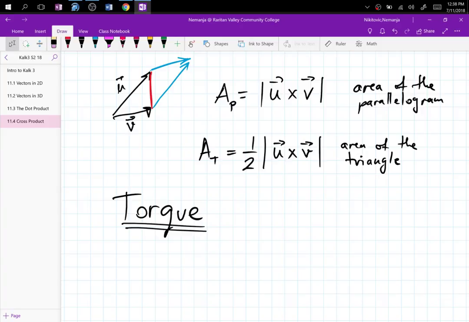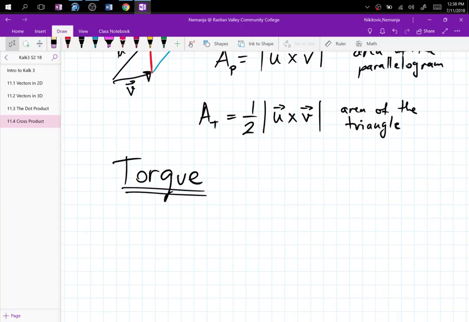The way it works is that the magnitude of the torque is given as the cross product between the radius and the force.